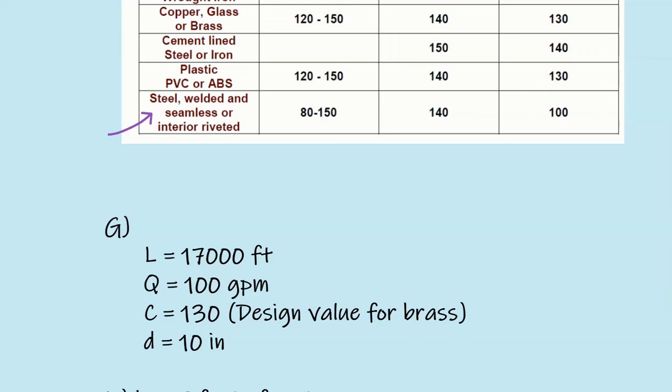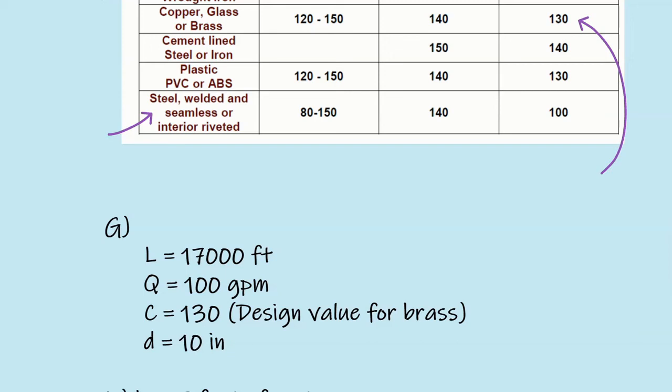And then we look at the flow rate in this system, and it's going to be 100 gallons per minute, so we have that listed. We are looking at the design value for brass, so we go look that up, and we find that it is 130. So that's our design value for C. And the diameter of the pipe in this system is 10 inches.